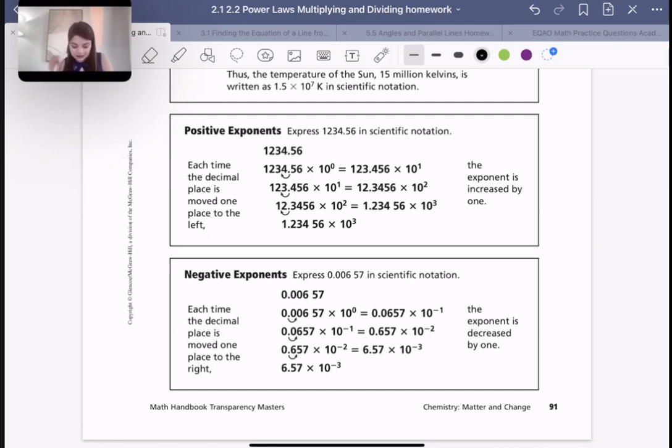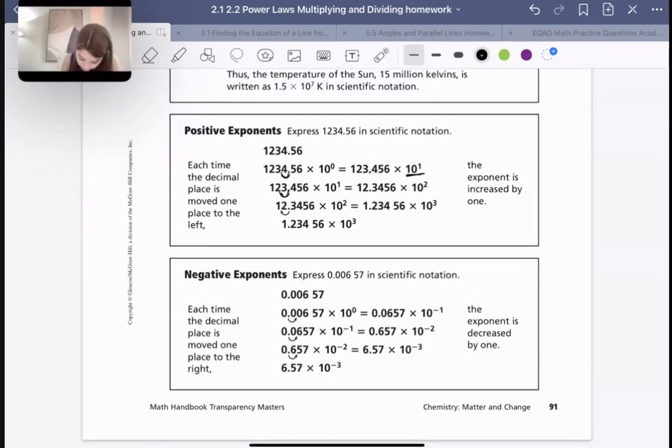They say each time the decimal place is moved one place to the left, we have to multiply by 10 again, right? So they moved it from here to here, and they said, well, we have to multiply by 10 to the power of 1, right? Because we moved the decimal place over 1 to the left, so we've divided this number by 10. To counteract that, we need to multiply by 10. Then they do it again.